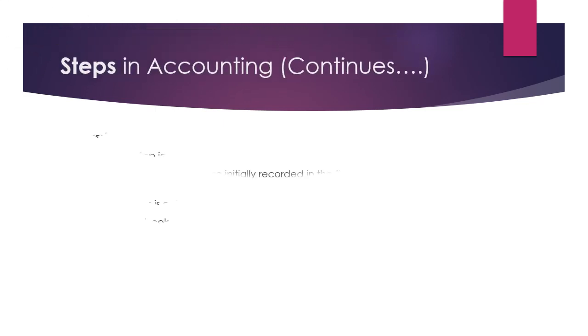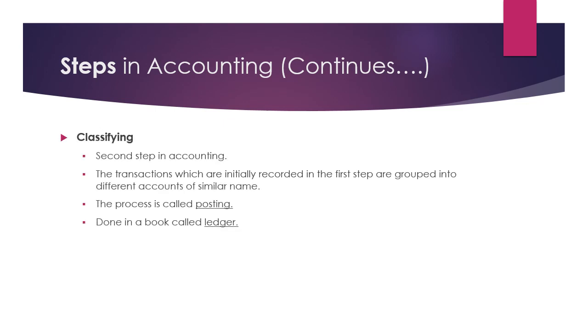The second step in accounting is called classifying. The transactions which are initially recorded in the first step are grouped into different accounts of similar name. The process is called posting and it is done in a book called ledger.